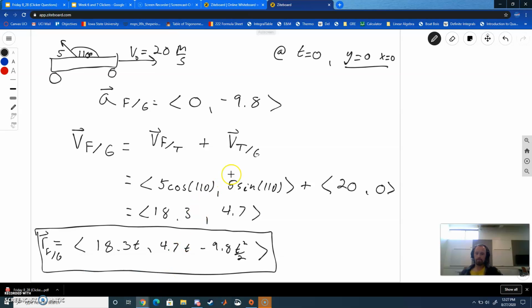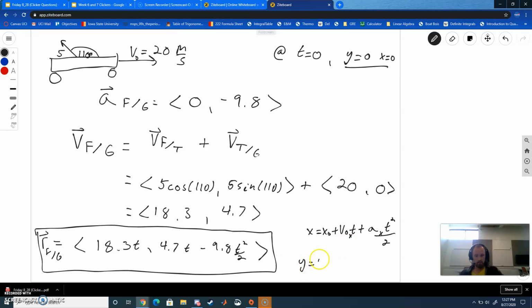So remember, when you're doing this kind of vectorial kinematics, it's really just your regular kinematics equations, but this is in the x direction and this is in the y direction. All I'm doing here is x equals x naught plus v naught t plus a, acceleration in the x direction, t squared over 2. And this is the initial velocity in the x direction.